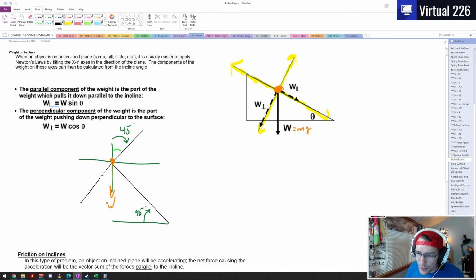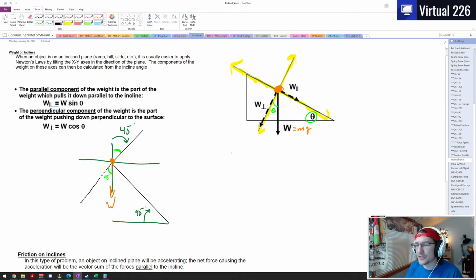then this angle here, which was 45, must be the same as the angle down here. There's some geometric property here, like interior angles, where both of them will be 45 degrees. So if we take a look at our inclined plane here, this angle theta is the same as the angle down here. We've tipped everything the same way.